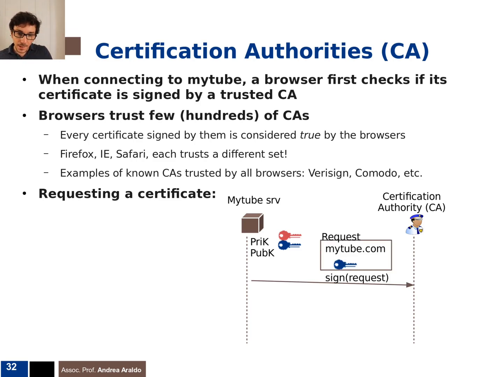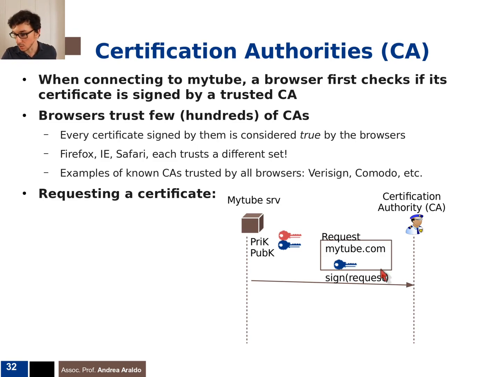Then you store the private key securely in your computer, and you request a certificate from one of the certification authorities that exist on the internet. And you say, look, I'm MyTube, this is my address, this is the name of the person responsible, etc., and this is my public key.